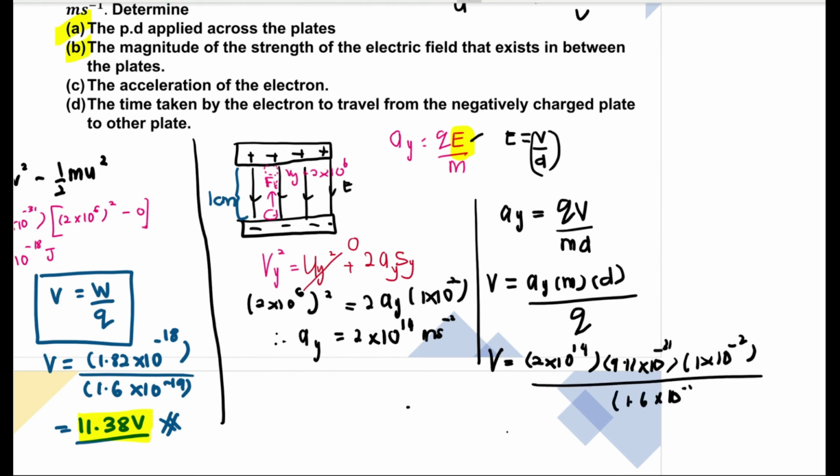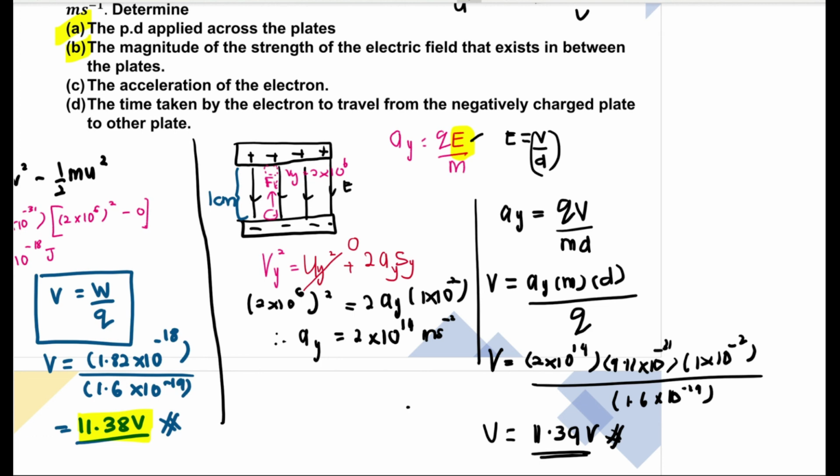So kita akan dapat jawapan yang sama lah, 11.3875. Okay, so kita tetap dapat jawapan yang sama. And then in order to calculate question B, we can calculate the electric field strength.